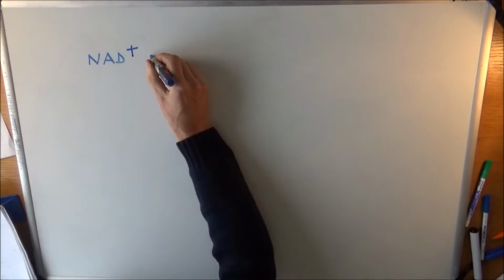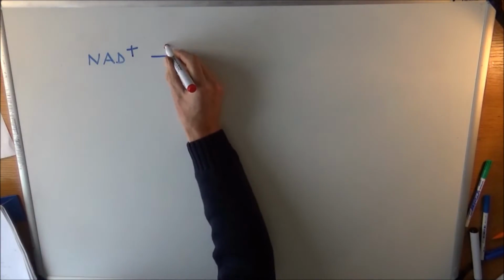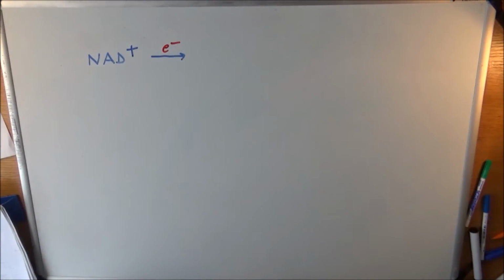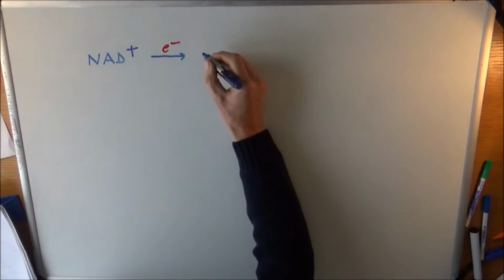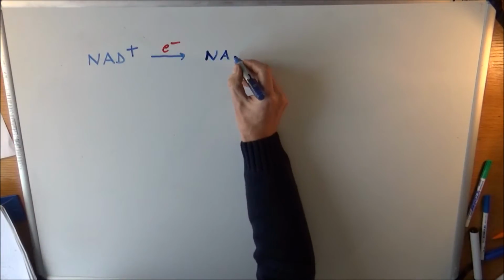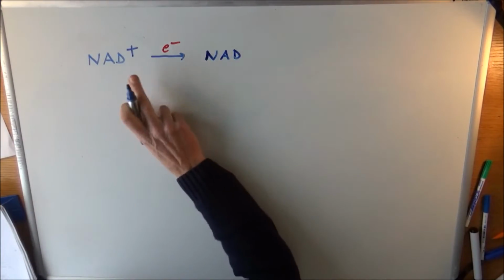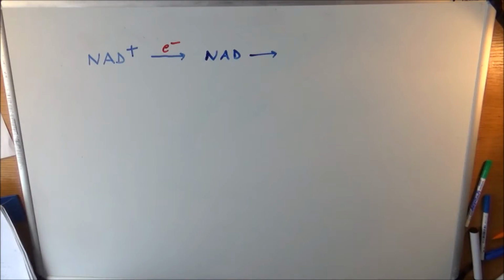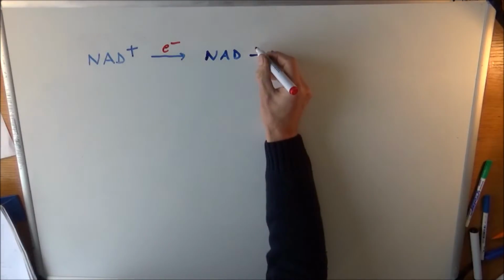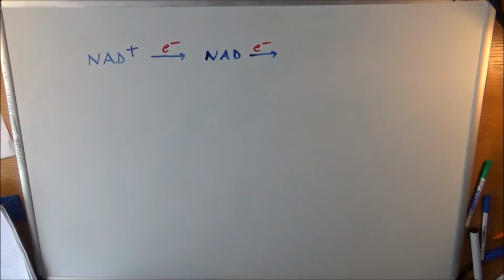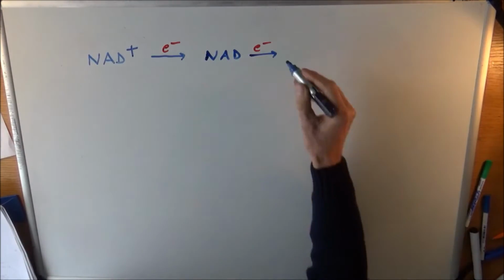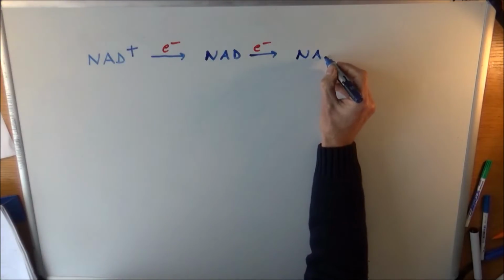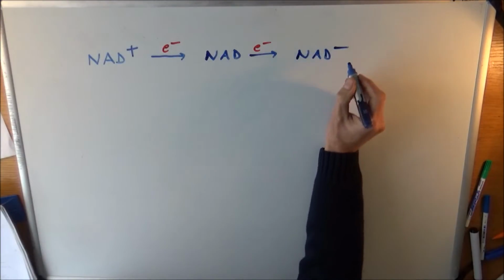If we add the first electron, it cancels out the positive charge and gives us NAD neutral. Then if we add a second electron, it would give it a negative charge. So NAD with a minus charge.